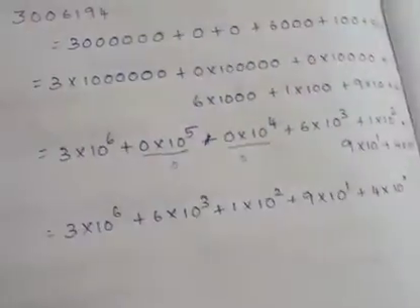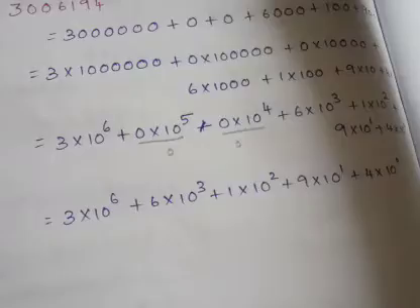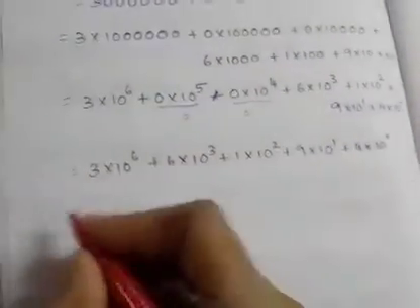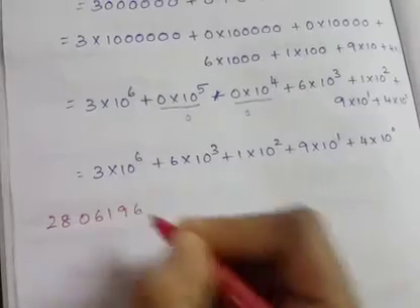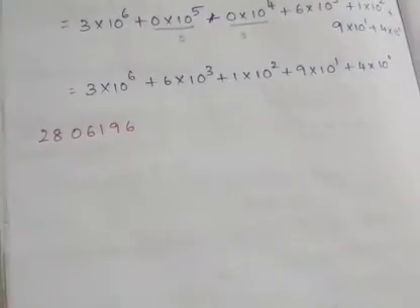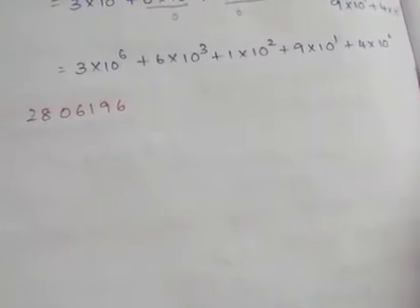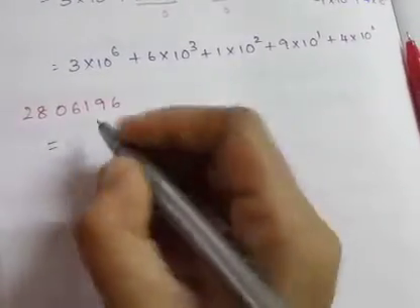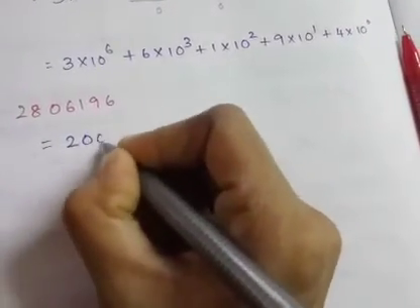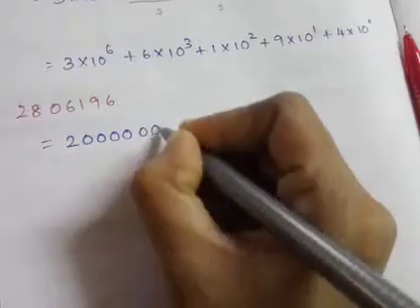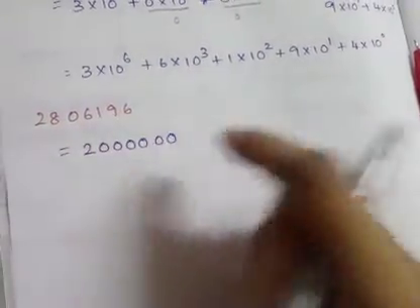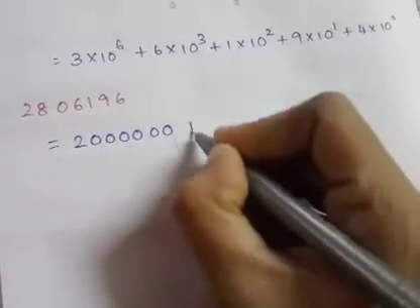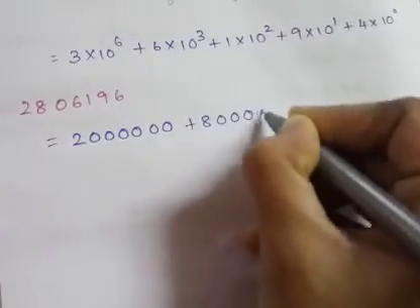Next, what is your third subdivision? The third subdivision question is 2806196. Now, as usual, expanding: 2000000, 6 zeros are there, 1 2 3 4 5 6. Plus 8 with 5 zeros.